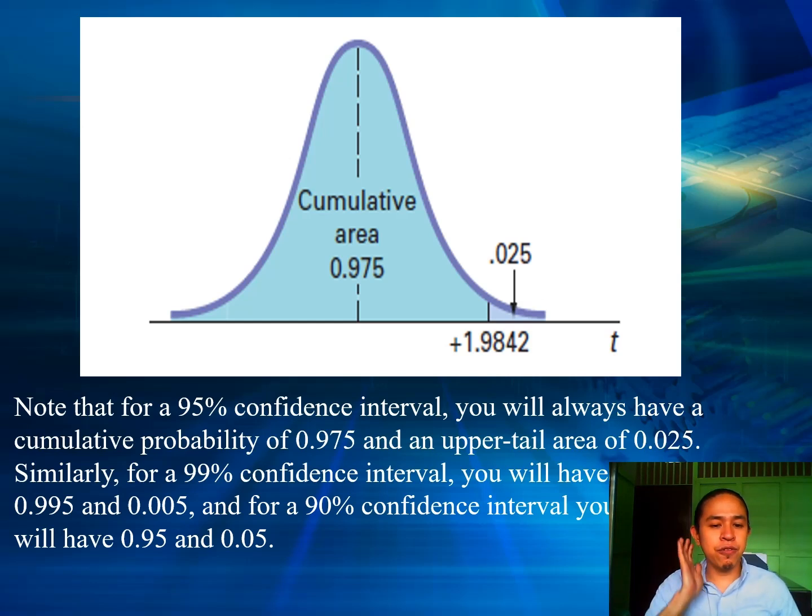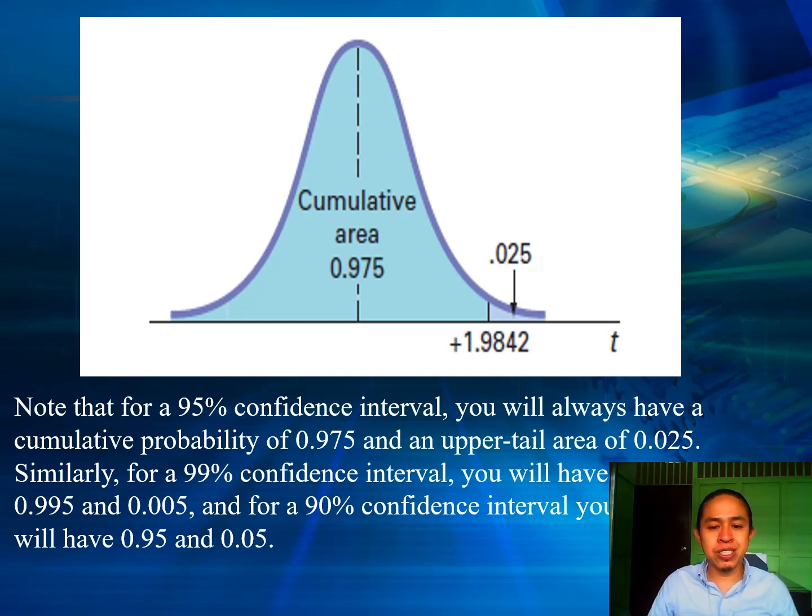So note that for a 95% confidence interval, you will always have a cumulative probability of 0.975 and upper tail area of 0.025. So similarly, for a 99% confidence interval, you will have 0.995 and 0.005.